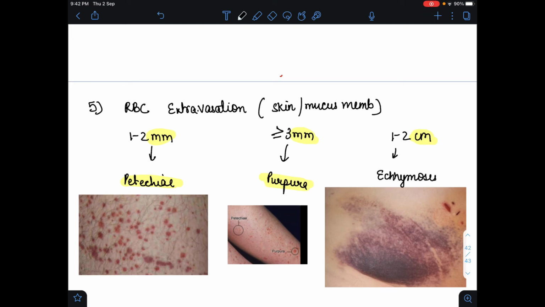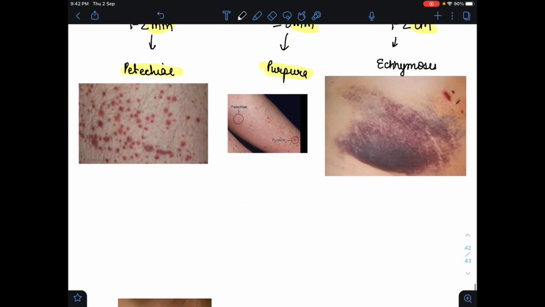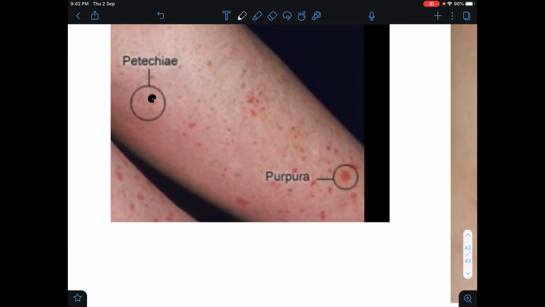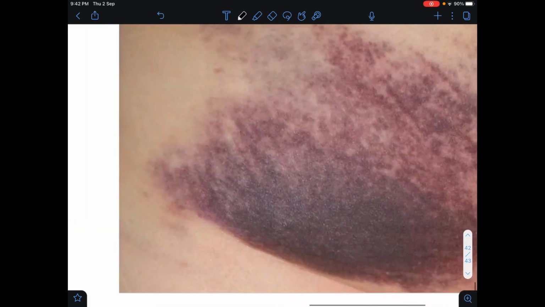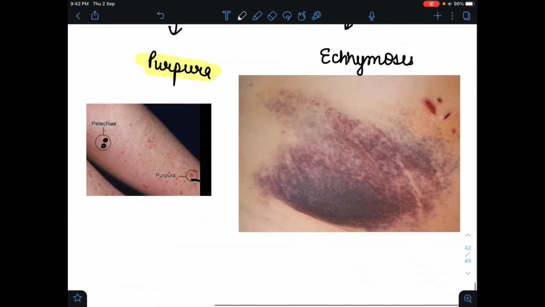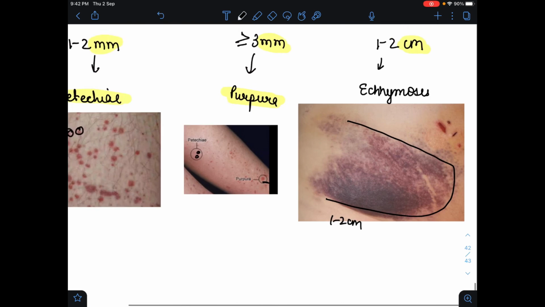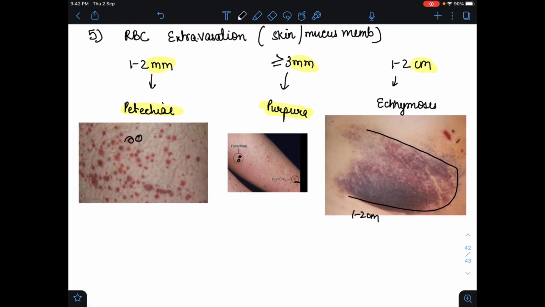As we see here in the images, these were 1 to 2 mm, so these were petechiae, while here it is around 3 mm, so it is a purpura. In the ecchymosis, as we see here, it is 1 to 2 centimeter in range. So this is the fifth type, RBC extravasation, of the primary lesion.